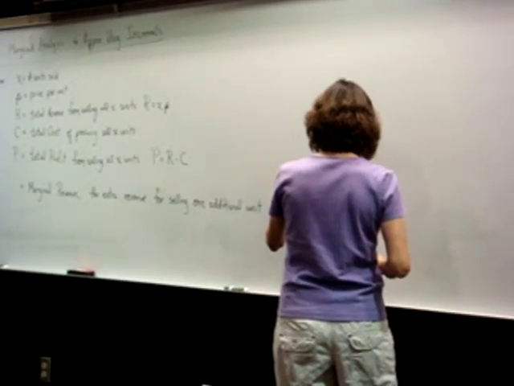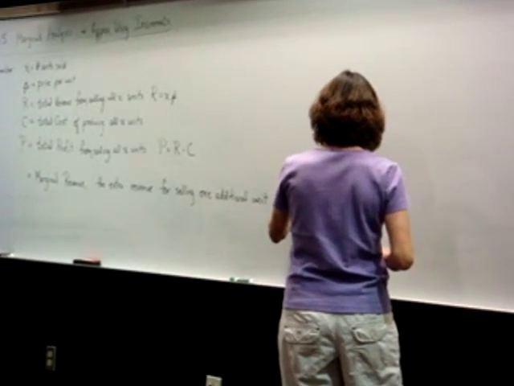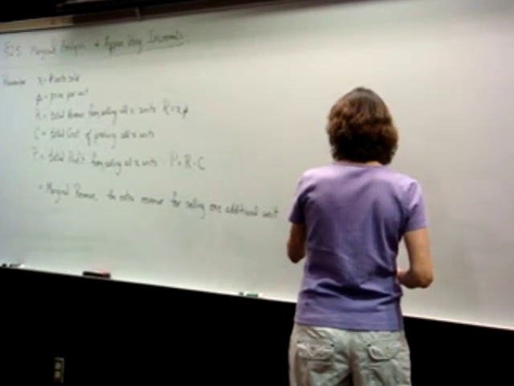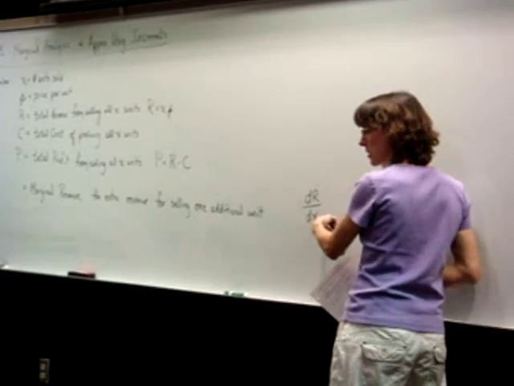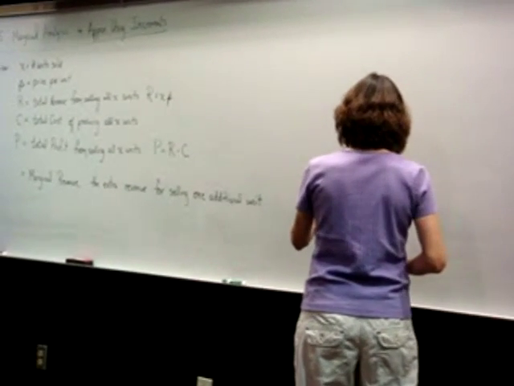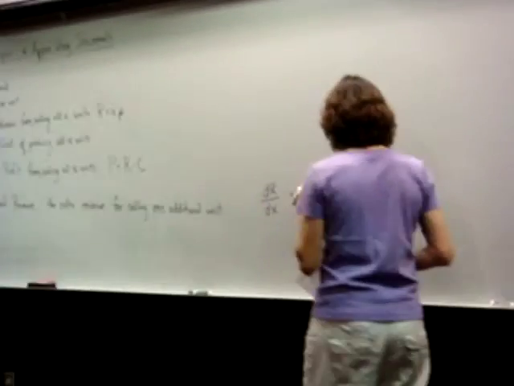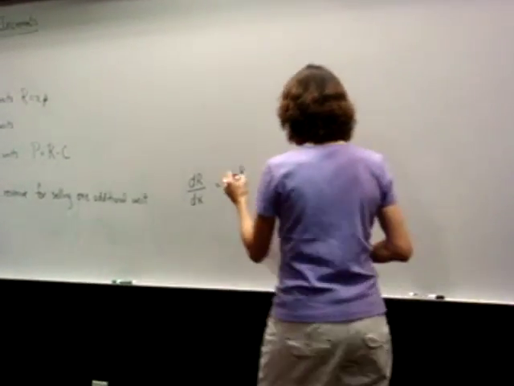The derivative for the revenue would be the change in R over the change in X. So the change in revenue with respect to X, which can be approximated by this guy. Approximately.